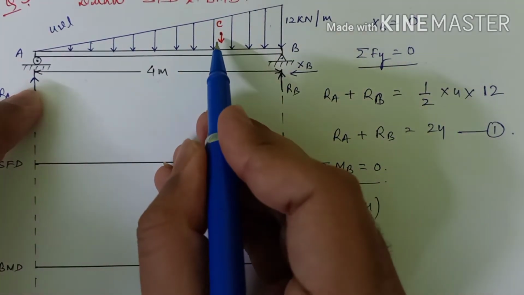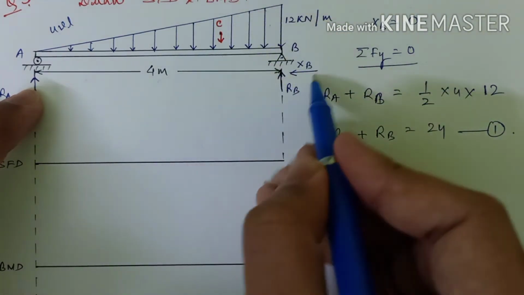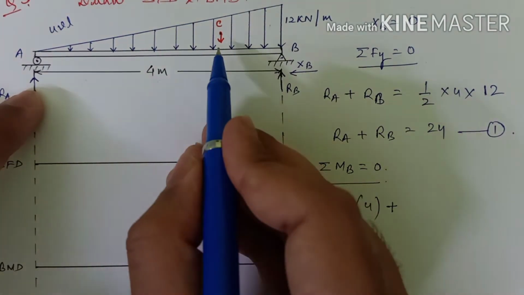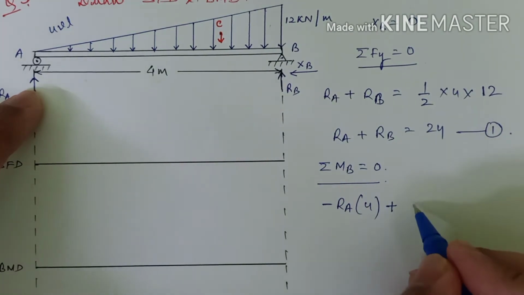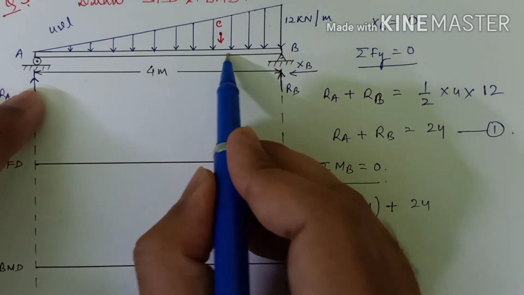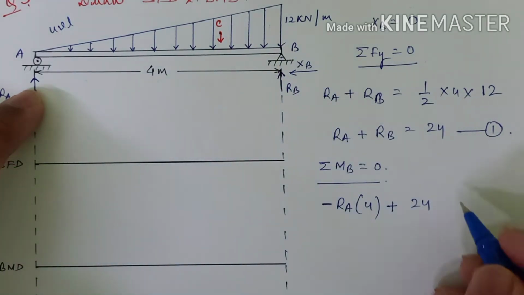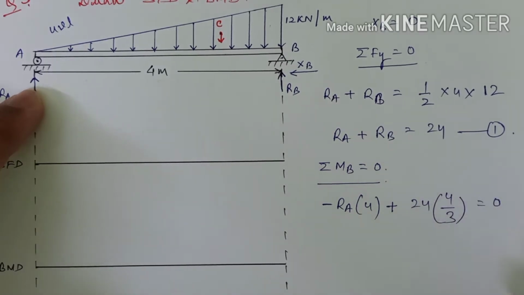Now see, now this one, that is C, will create an anti-clockwise moment. So this will be positive. So what is the magnitude of this force acting on the centroid? It is nothing but 24. Okay, and what is this distance? This will be 4 into 1 by 3, right? So this will be 4 by 3. It will be equals to 0.